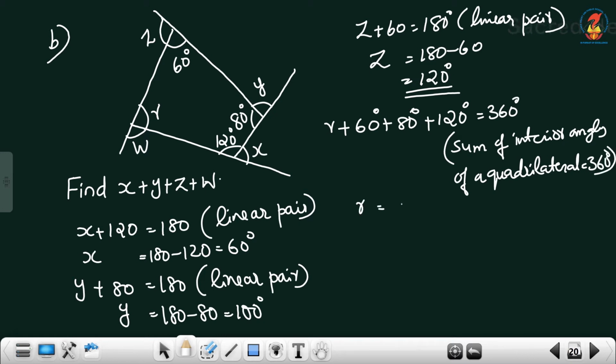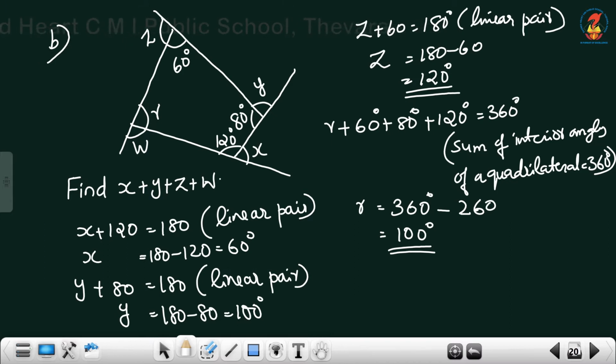R equal to 360 minus, 60 plus 80 is 140, 140 plus 120 is 260, equal to 100 degree. R equal to 100 degree.